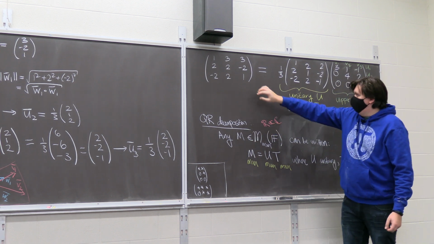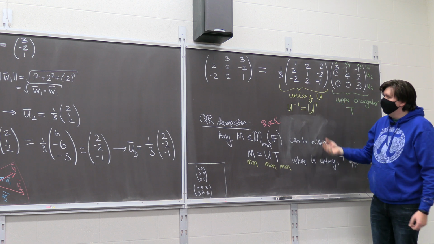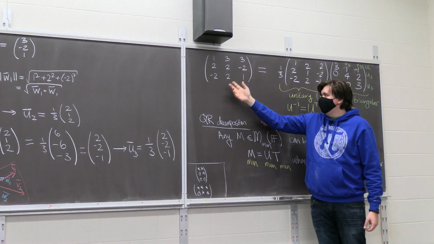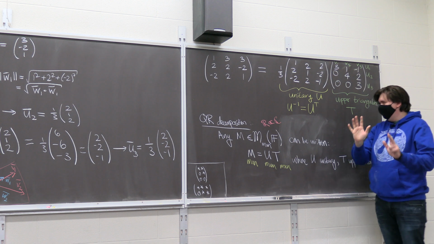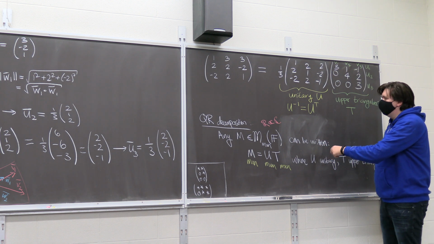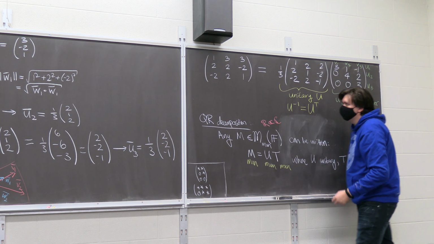Now granted, doing all these steps to move it from here to here is a lot of work. And so maybe if you just want to find the inverse of a matrix, this isn't the way to go. But there are some problems where you have to find inverses lots and lots of times.